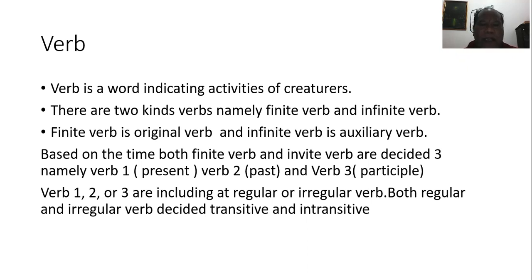How about verb plus ing? It is included in verb 1, so only adding ing, okay? Verb 1, verb 2, or verb 3 are included as regular or irregular verb. Regular verb has no change.